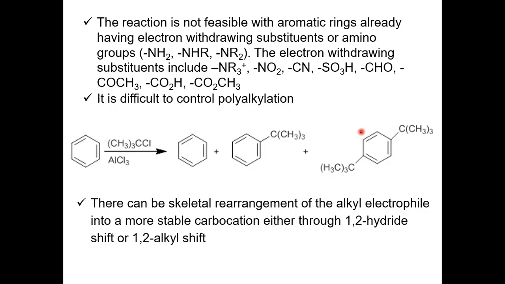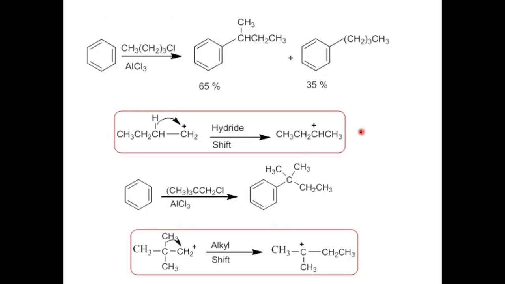Now that rearrangement can make you form an undesired product because the compound is rearranging itself to form a new compound. Ideally, you wanted to put in something, but what you wanted to put in might not be what is happening. So this is also a limitation, that there's always skeletal rearrangement of the alkyl electrophile to form a more stable carbocation. Very important.